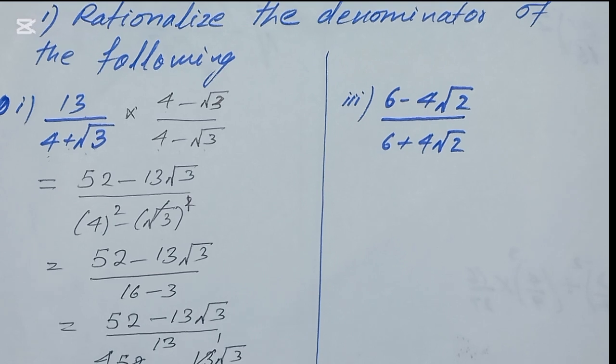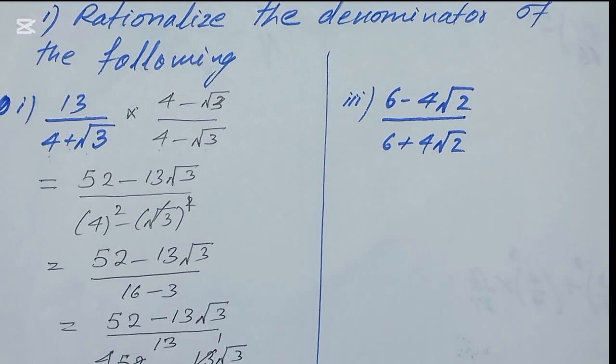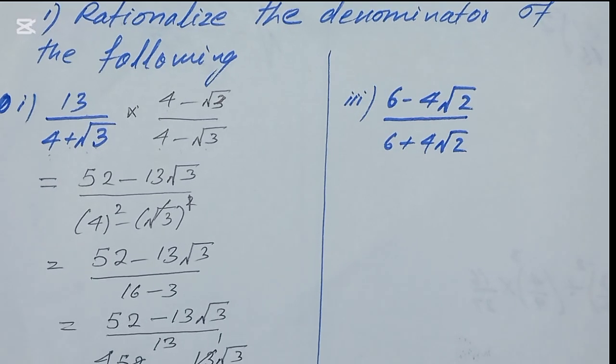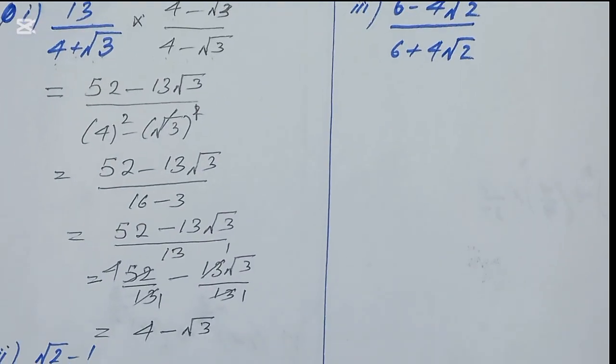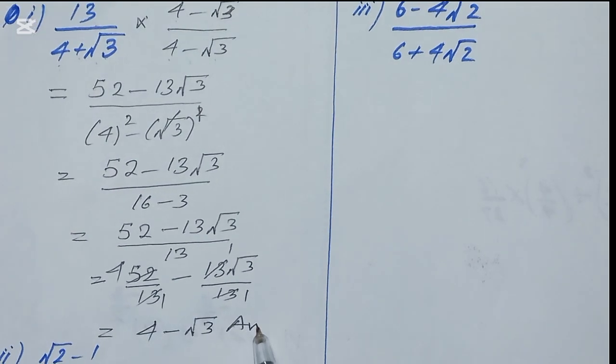So its answer is 4 minus under root 3. So it is the rationalized form of this question in which we removed radical sign from its denominator. This is the answer of first part.